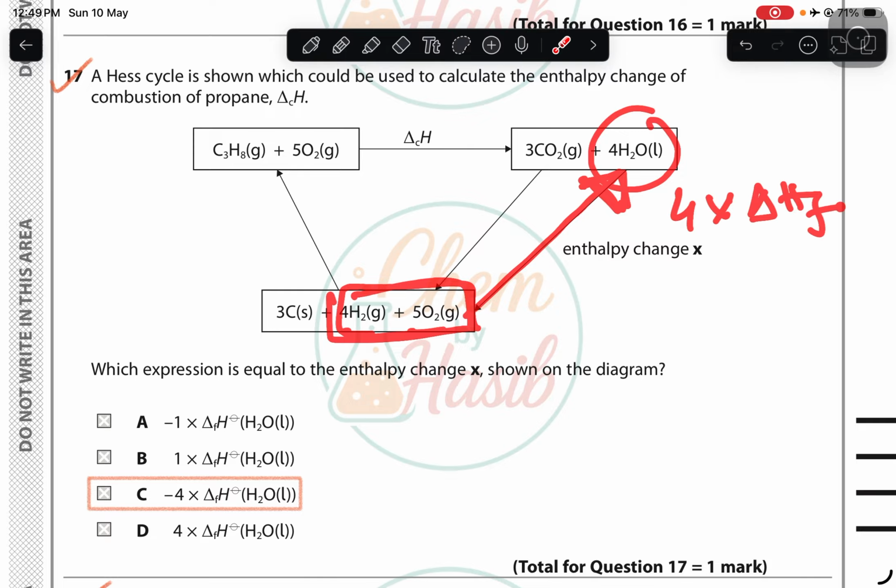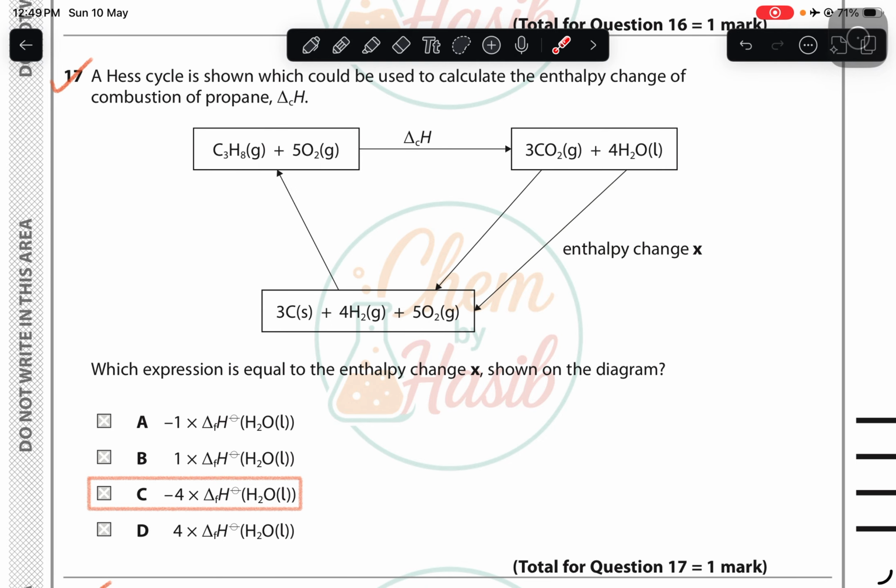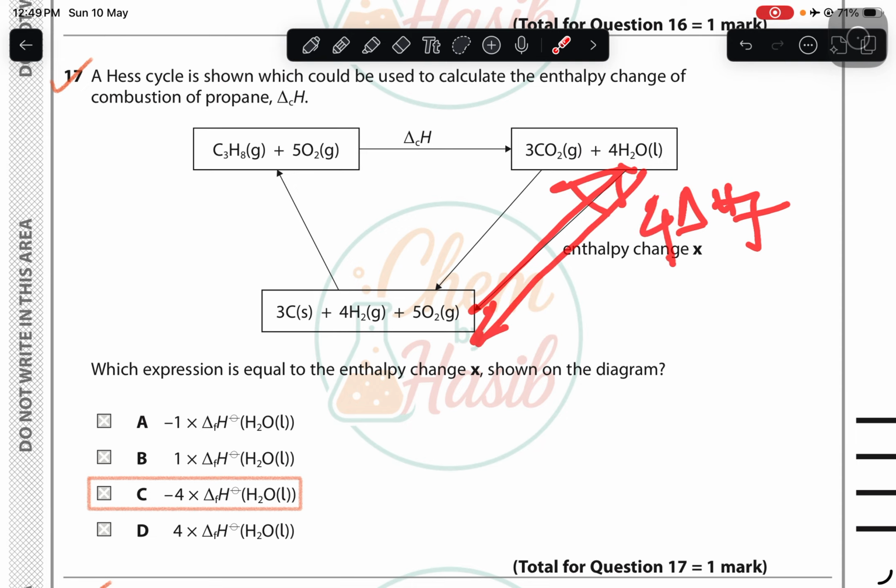Now, if you put the arrow the other way around, it would be minus 4 times the formation enthalpy of water. It is negative because the arrow is the other way around. If the arrow is towards the water, this represents formation enthalpy. Since there are 4 moles, we write 4 times the formation enthalpy. If the arrow is reversed, we put a minus sign here because the direction is reversed. So your answer would be C. Alright.